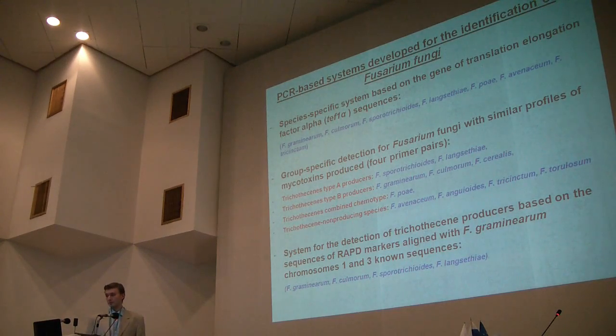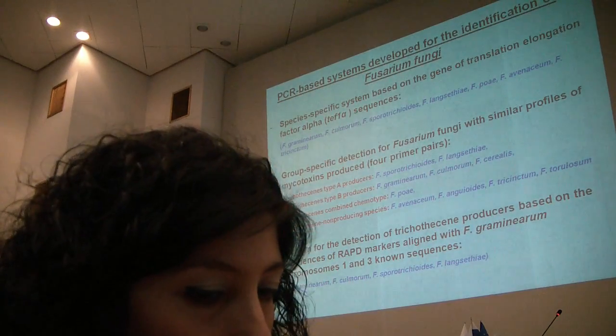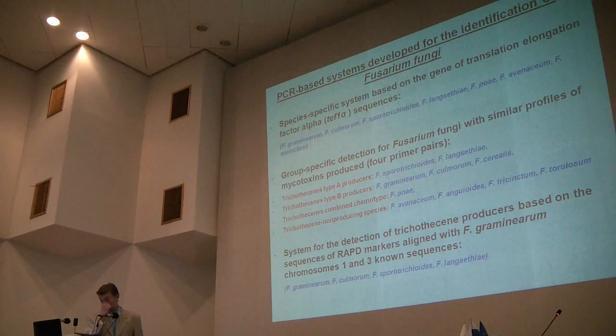We have developed some PCR-based systems for the detection and identification of Fusarium fungi. First is species-specific detection based on sequences of the translation elongation factor gene for detection of 7 individual species of Fusarium.